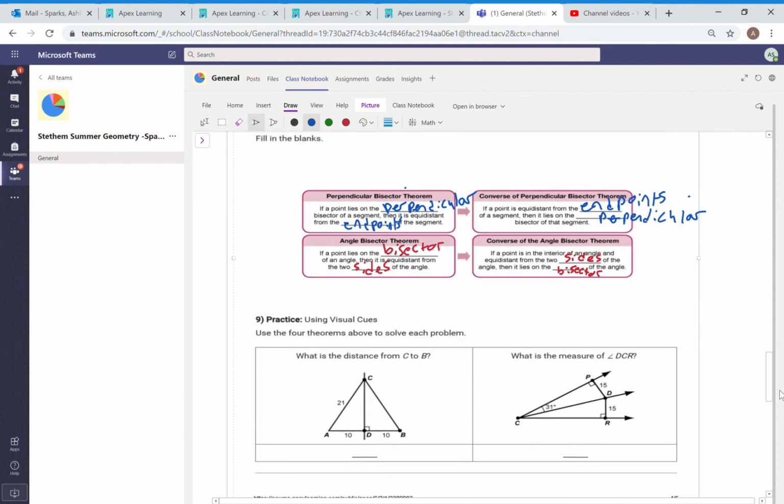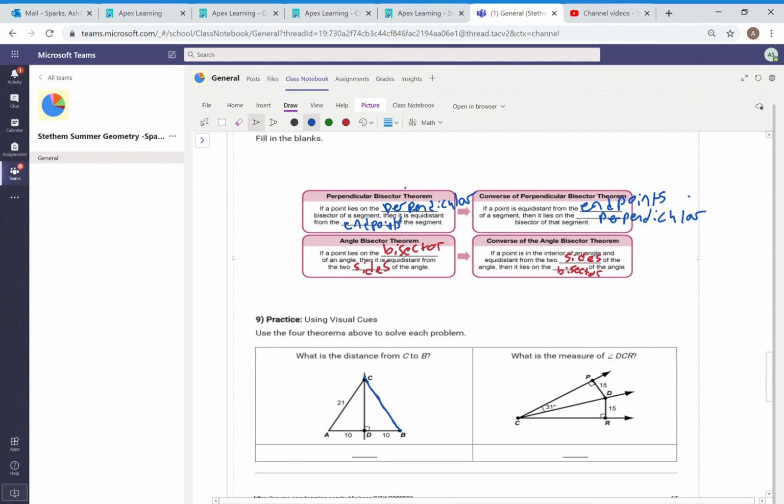Then the last thing they give me are these bisector theorems. You can read through them if you want to. But here's what it means. It wants to know C to B. Okay? We know these theorems to be true. So we know that CD, this line in the middle, is bisecting.